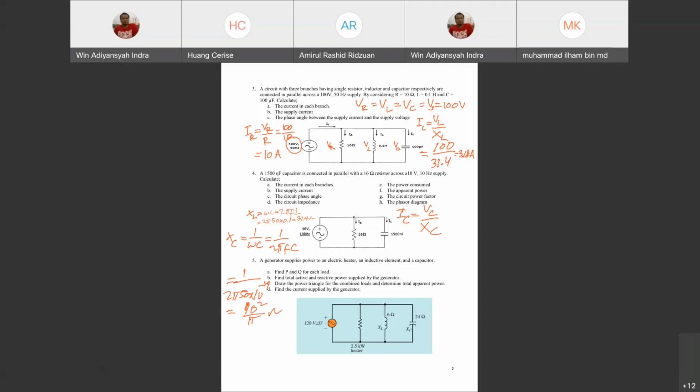So IC equals 100 over 100 over pi, equal to pi, or 3.14 ampere. That would be for A.